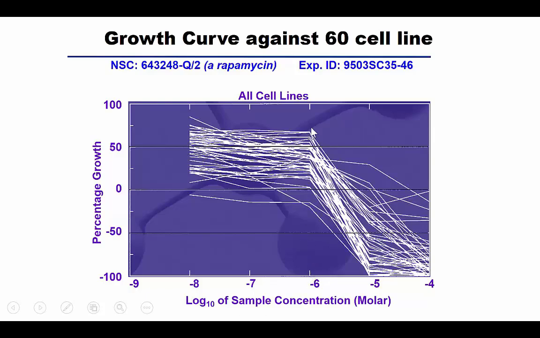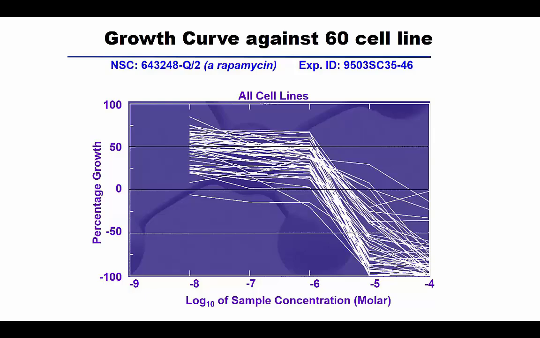What is the concentration here? 10 to the minus 6 molar, that's micromolar, right? 10 micromolar, 100 micromolar, 100 nanomolar, 10 nanomolar. So it seems the data consists of 1, 2, 3, 4, 5 concentration tests against 60 different cancer cell lines that they keep as standard cells.